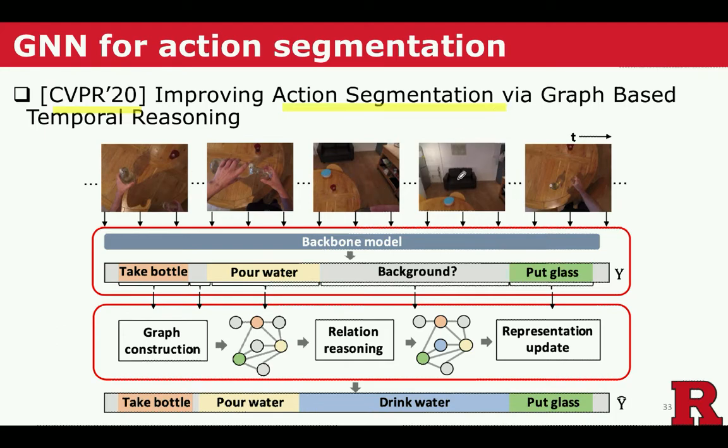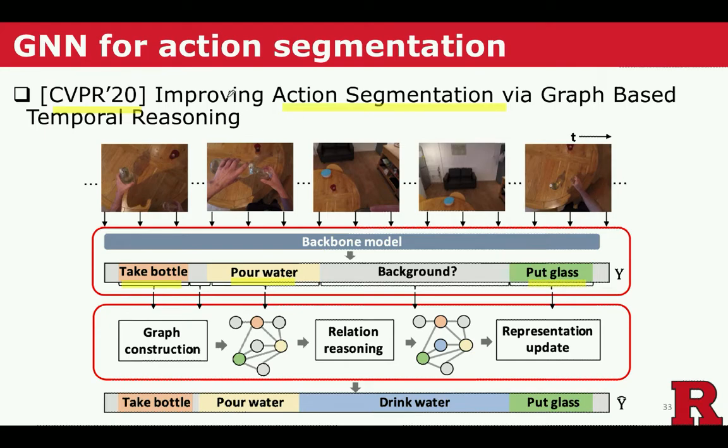For example, in the first 3 seconds the action is take bottle, then the later action is pour water, and at the end of the video the action is put glass. So to solve this task, you basically need to temporally localize the actions performed in the entire video.